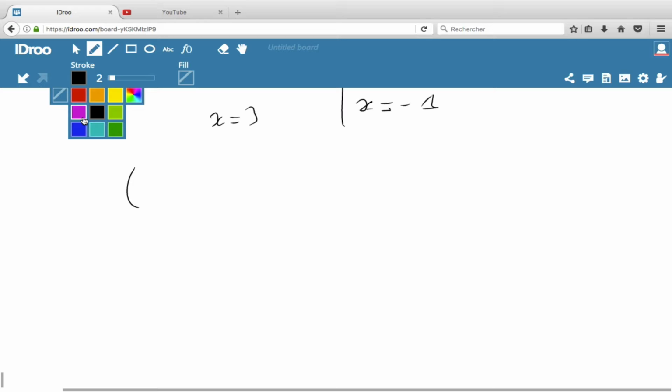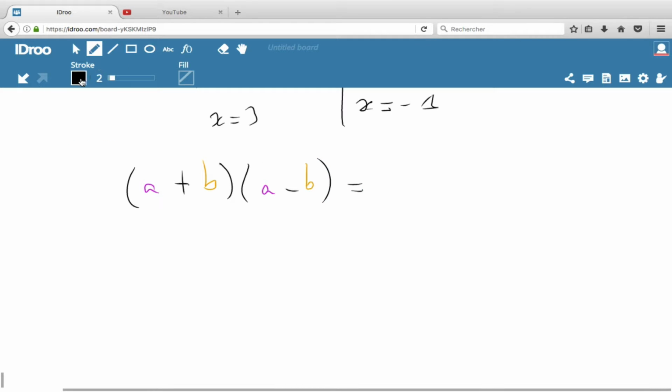If we do a plus b times a minus b, we have this guy and this guy without forgetting the minus here. So that's a to the square minus a times b. Don't forget the minus.